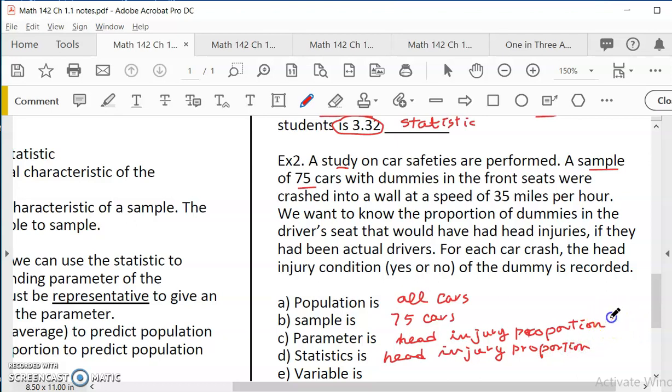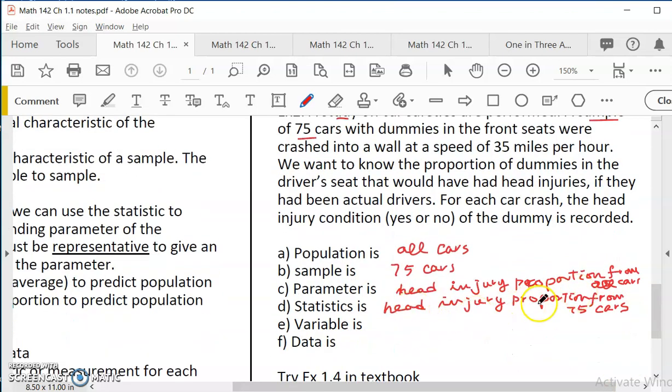And the statistic would be from the 75 cars, right? The parameter is from all cars. And the statistic is from the 75 cars.